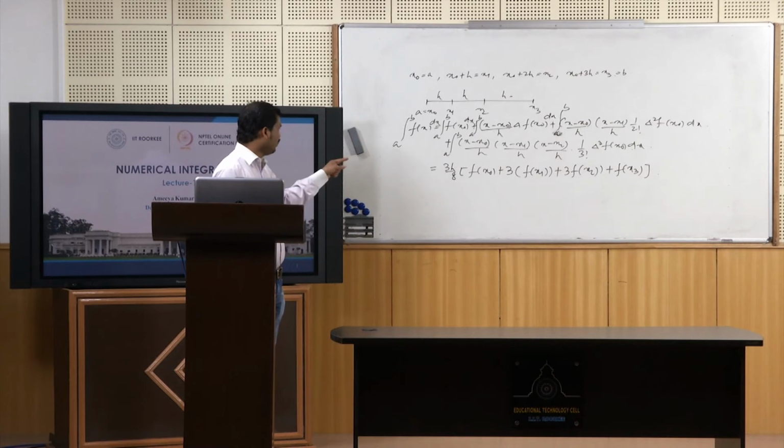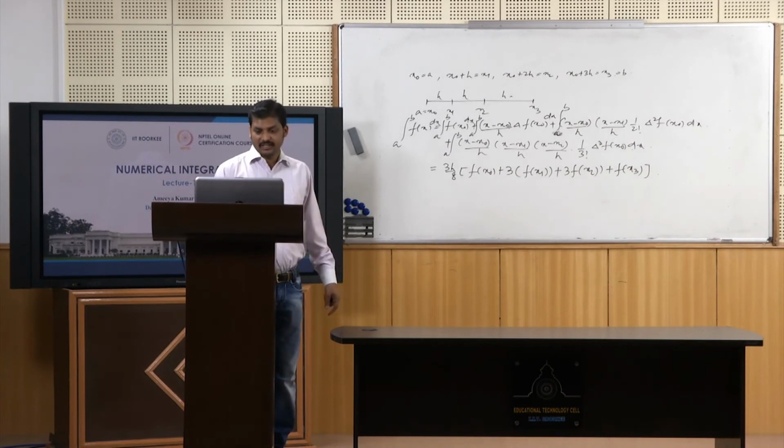All of these values can be expressed in terms of x0 and h, since x1 can be written as x0 plus h, x2 can be written as x0 plus 2h and x3 can be written as x0 plus 3h here.